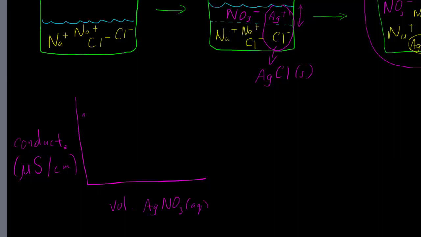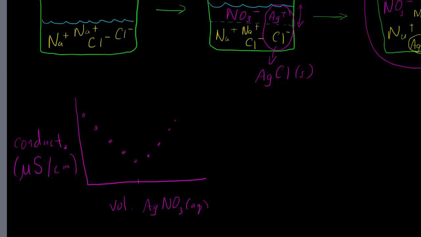So initially the conductivity, let's say, is pretty high, but then we start diluting the solution and exchanging the ions, and so maybe the conductivity goes down. Now at some point in our titration, that conductivity will start to go back up because we've passed this equivalence point and we start adding extra ions. And so we might see this going on.